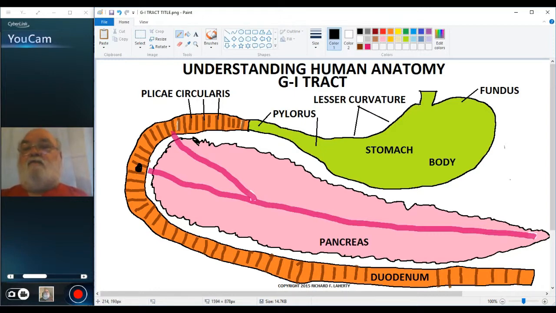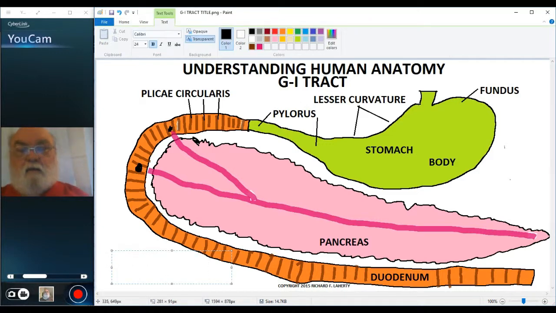And we have a smaller opening proximal to that. The large bulge is called the papilla of Oddi.